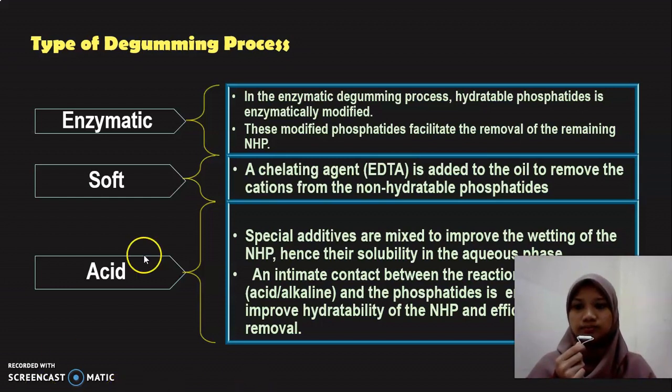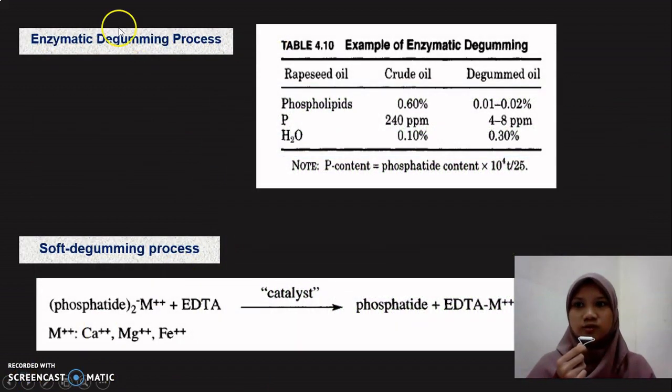So you can see in this, okay. For the enzymatic degumming process, when the hydratable phosphatide is modified by the enzyme, it will decrease the amount of phospholipid.